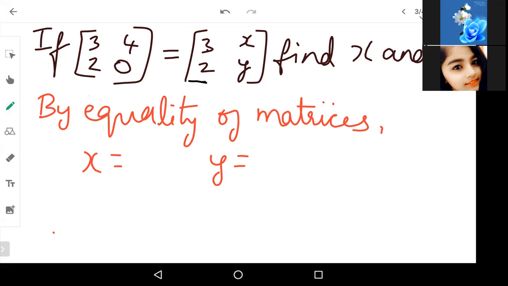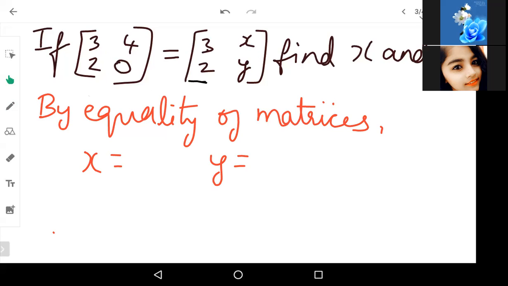Now let us compare both the matrices. The first element is 3 here. The first element is 3 here also. Okay, now here the first column, second element is 2 and it is 2. Now here they have given 4, but here it is x.